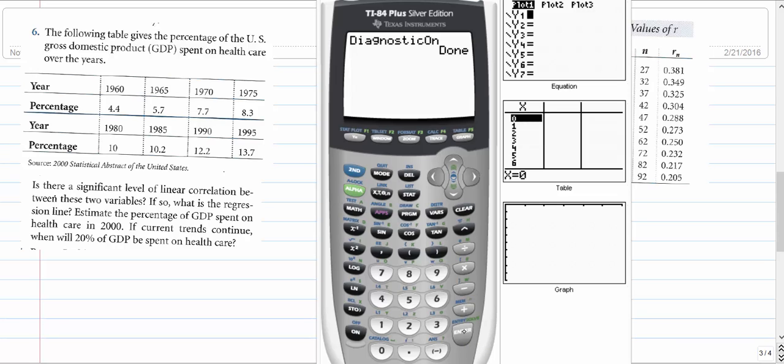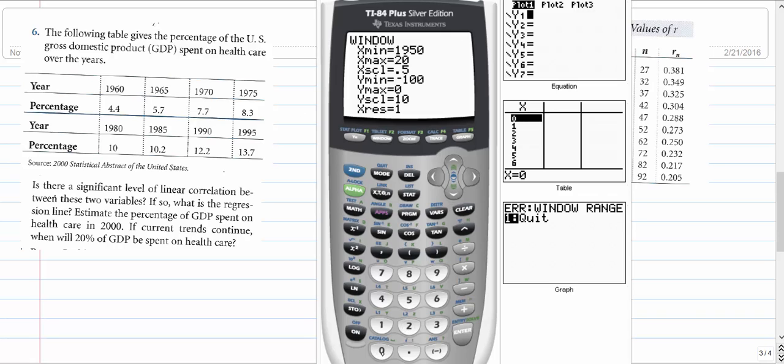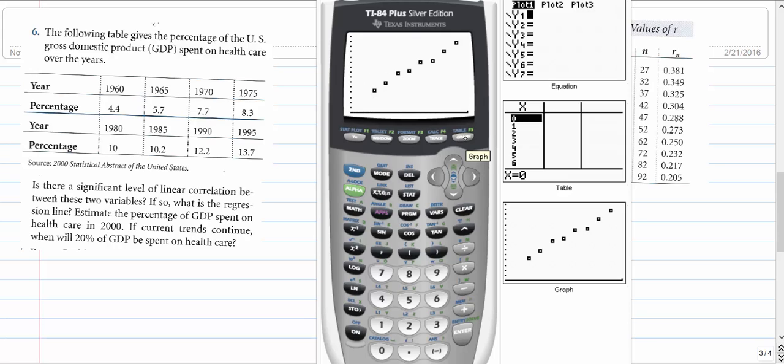And then let's graph it first. Let's go to window. I want my X-min, let's say 1950, X-max 2000, and let's say every 200. And Y-min is, let's say, from 0 to Y-max of 15% every 1. And graph. Now this is my scatter diagram.